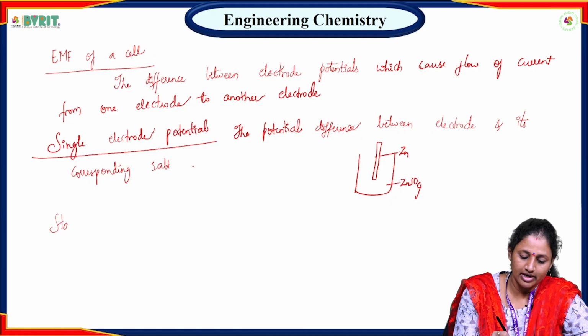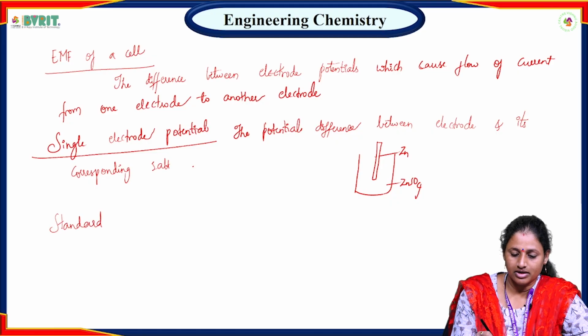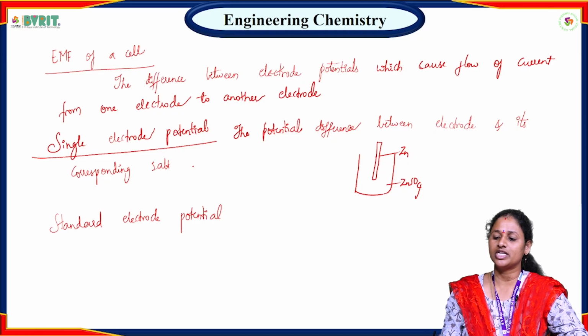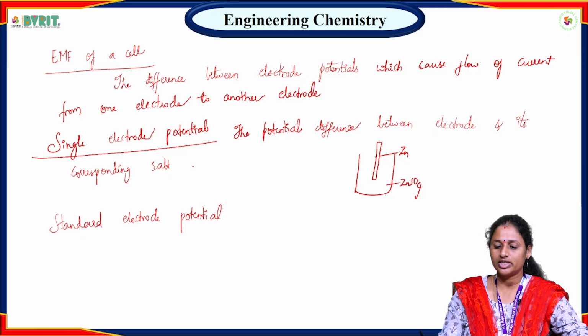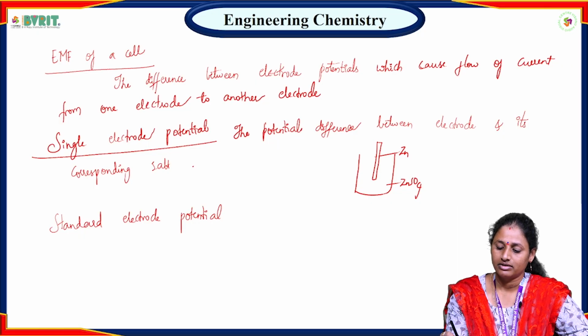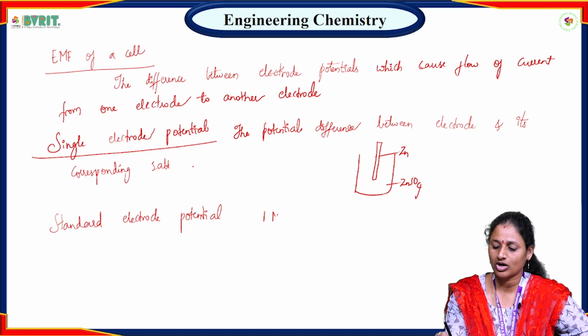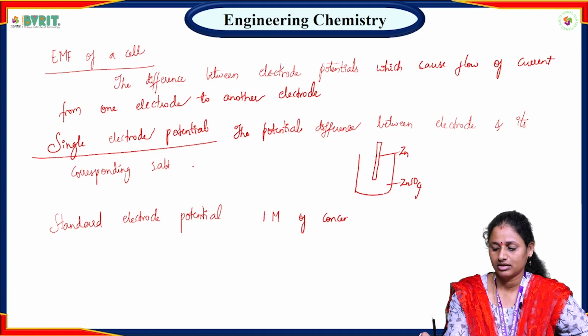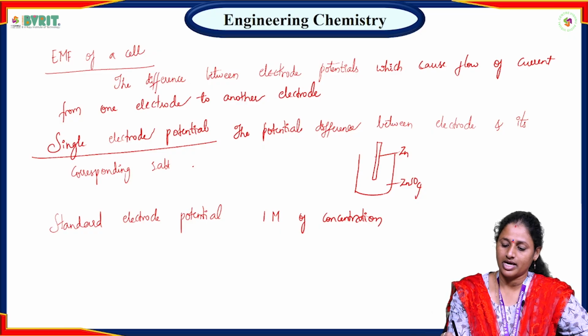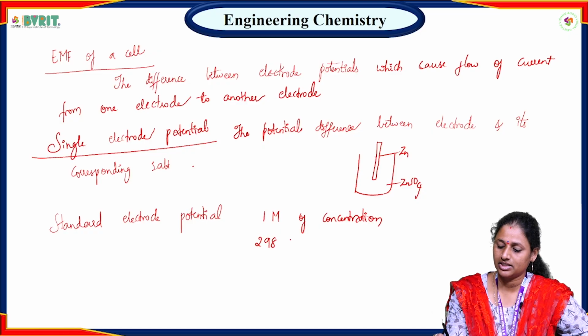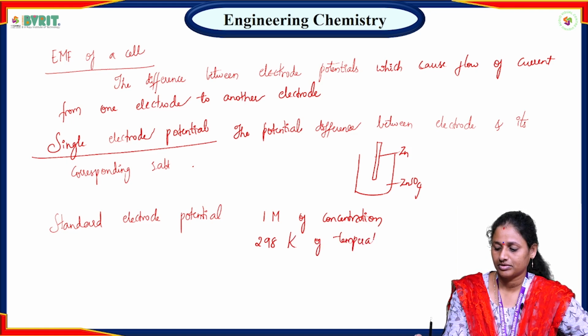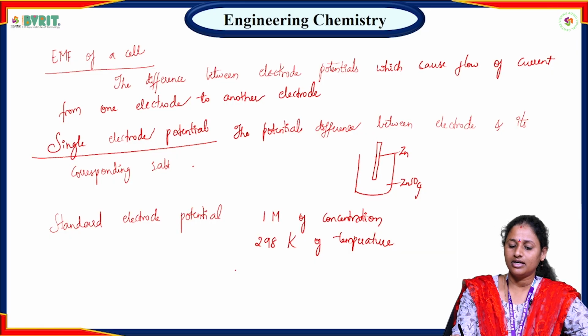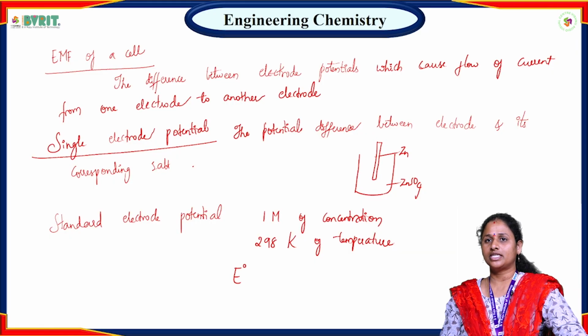And next, standard electrode potential. Standard electrode potential is the potential difference between electrode and its corresponding salt at particular conditions, at 1 molar concentration and 298 Kelvin temperature. These standard electrode potential values are represented by E naught.